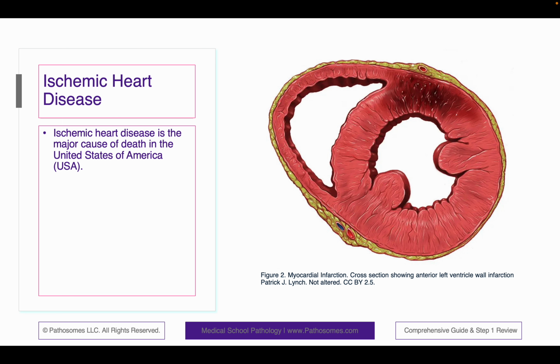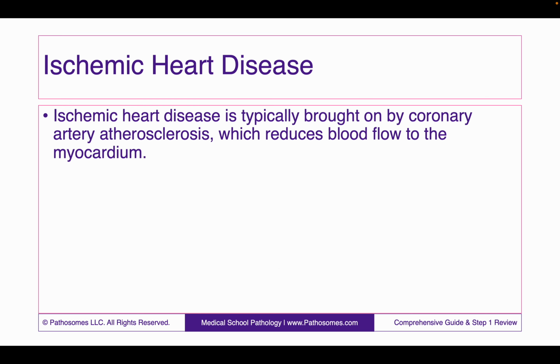Myocardial infarction. So ischemic heart disease is the major cause of death in the USA. Ischemic heart disease is typically brought on by coronary artery atherosclerosis. You remember we talked about that?